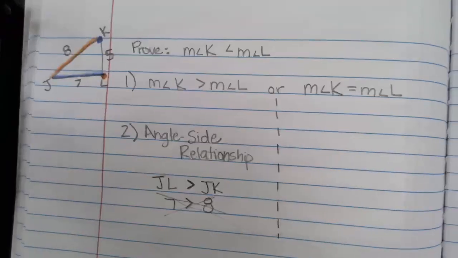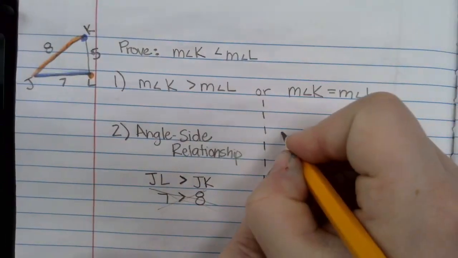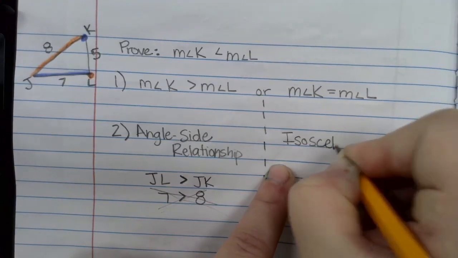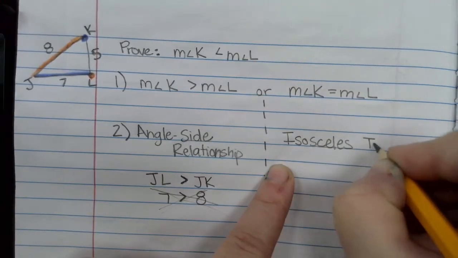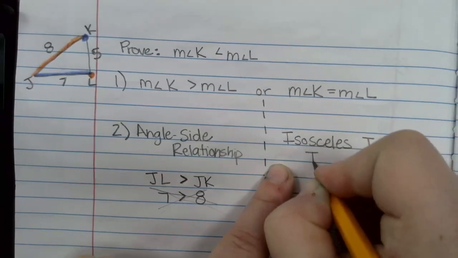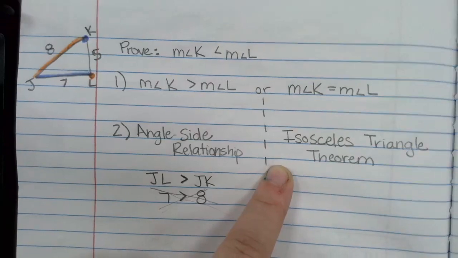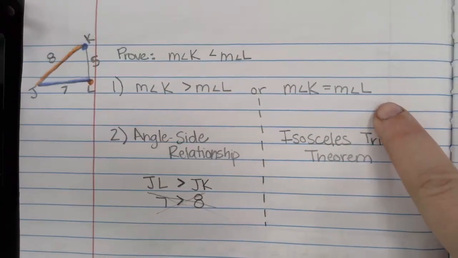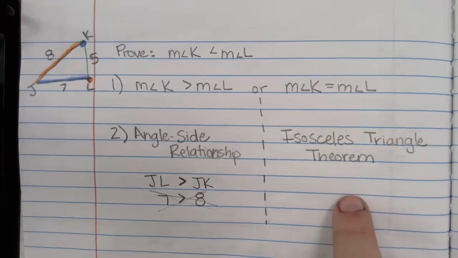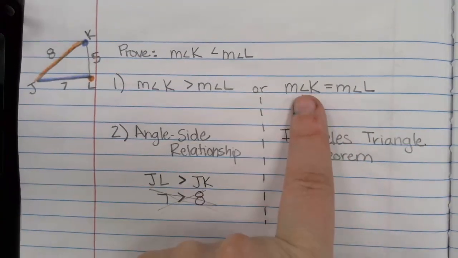So for step number 2 here, now we're working on the second case. If they were equal, our isosceles triangle theorem: if we had two congruent angles, then we'd have to have two congruent sides. So what side is opposite of angle K?